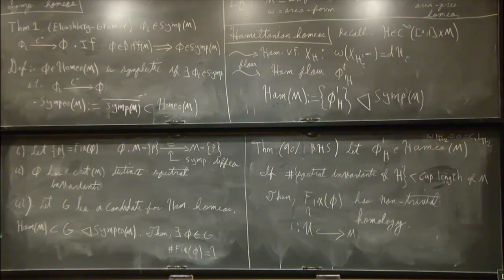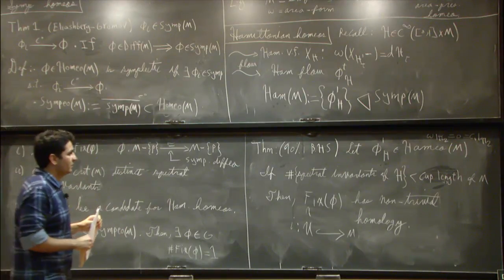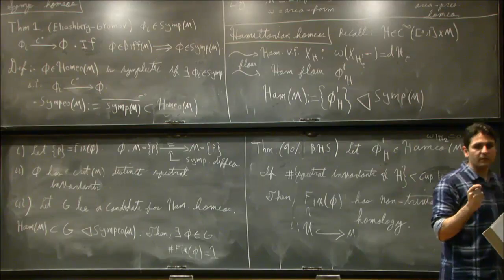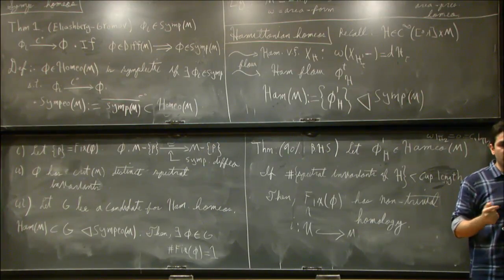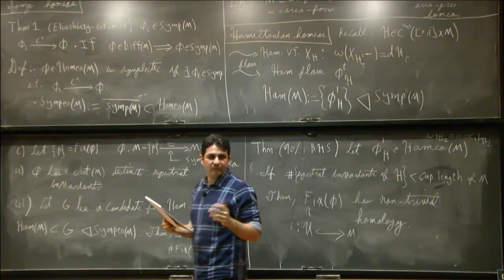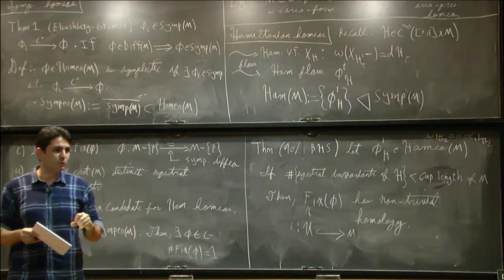So this probably means that such an area is not defined. Does it mean this area is infinite or something like that? It means you can't really define it. One of the things it means is that you can't define the action of a periodic orbit, for example. Something like that, but I don't know how to make that statement more precise.